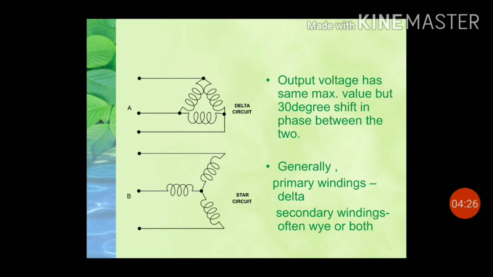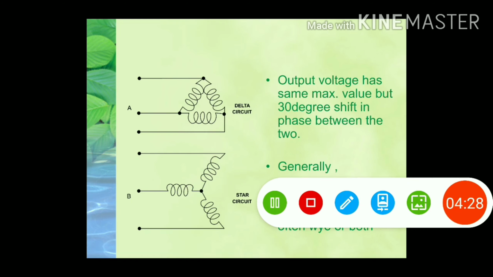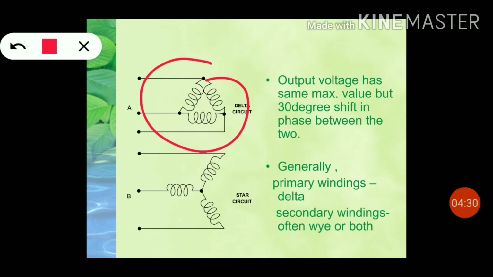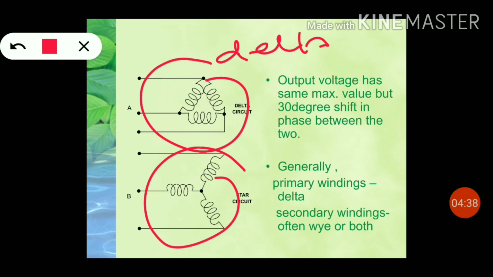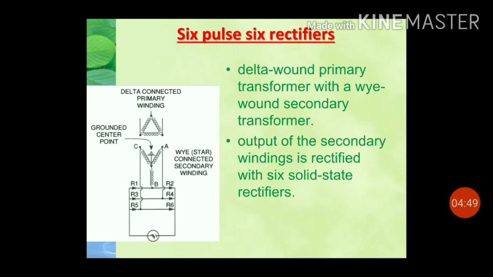As you can see, this one is a delta, this one is a delta and this one is a Y. Generally the primary winding is delta, and the secondary winding is Y. Now the 6 pulse 6 rectifier.